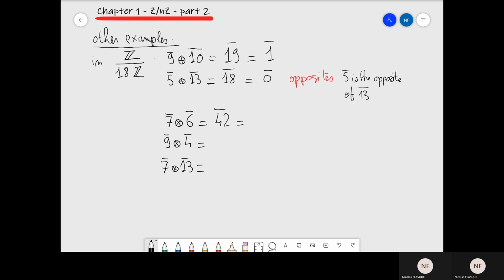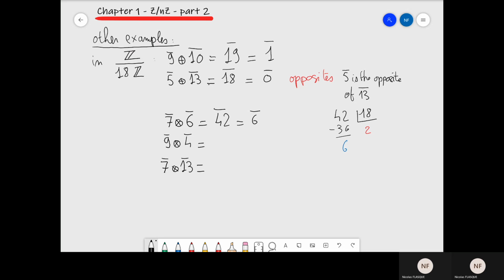And if we make a simplification modulo 18, actually let's write it just as a reminder. 42 divided by 18, the quotient is 2. 2 times 18 is 36, so the remainder is 6. So actually 42 modulo 18 is equal to 6, and the result is 6 bar.